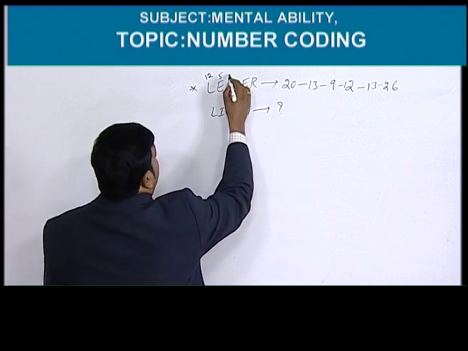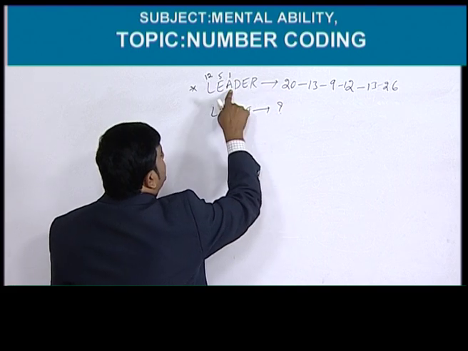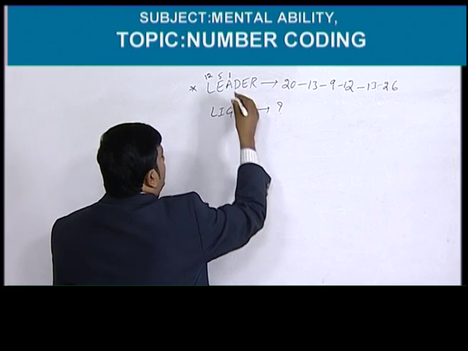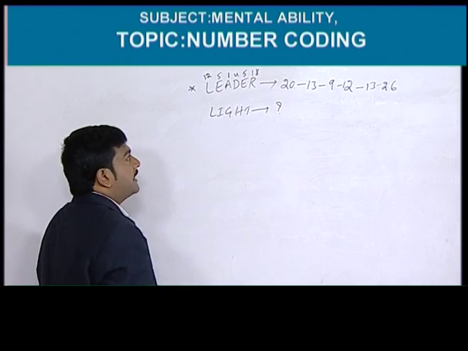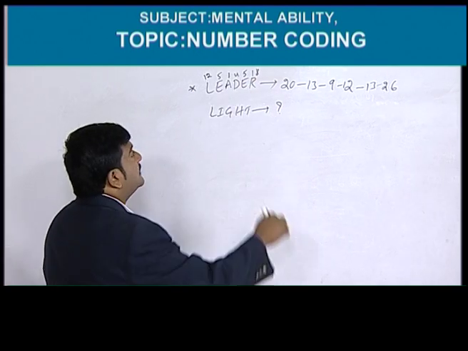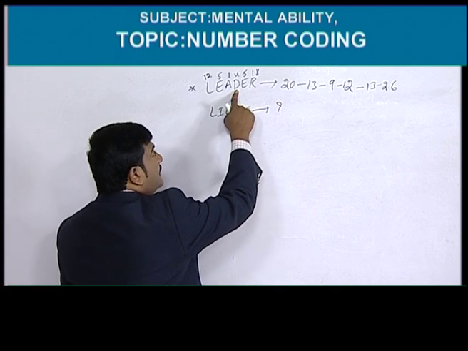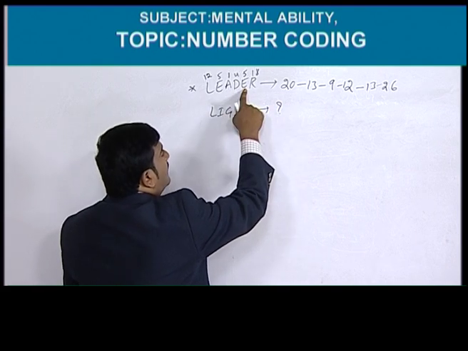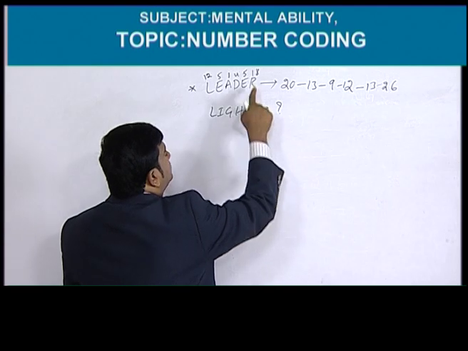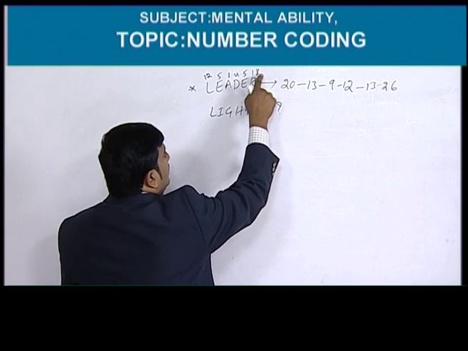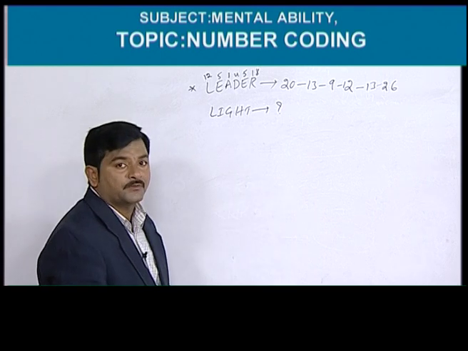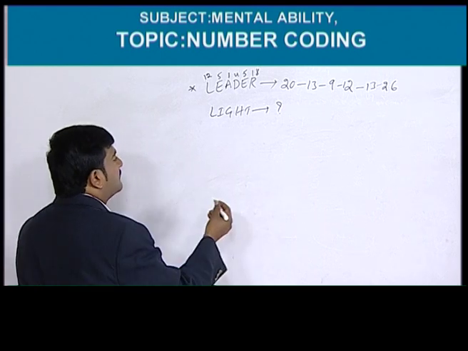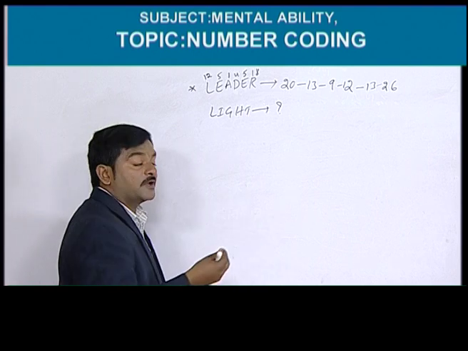Similarly, take this one. A means 1, adding 8, 1 plus 8 is 9. Similarly, D is 4, E is 5, R is 18. Add 8 to every letter here: adding 8 to 4, I am getting 12. 8 to 5, getting 13. Similarly, 18 plus 8, how much am I getting? 26.